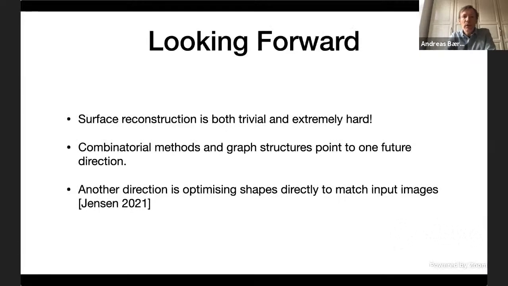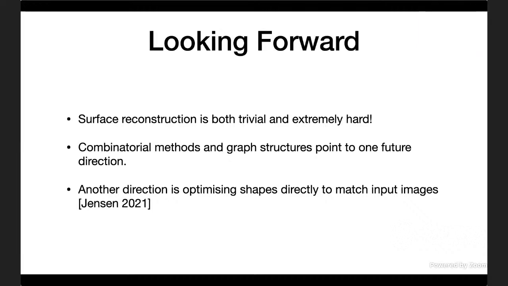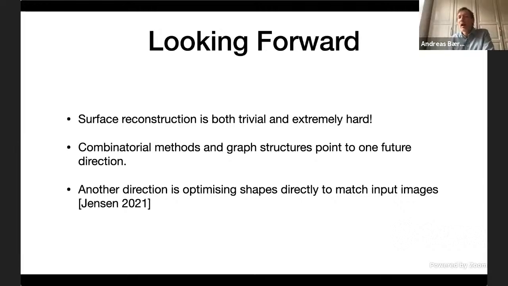And looking forward, where do we go from here? Well, I think it's interesting that surface reconstruction is both a trivial problem and extremely hard in some cases. I think that combinatorial methods and graph structures point to one important future direction. Another direction, though, that I didn't have time to go into, is that we could also try to use some of the new results pertaining to differentiable rendering to optimize shapes directly to match input images.